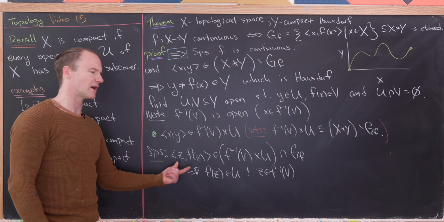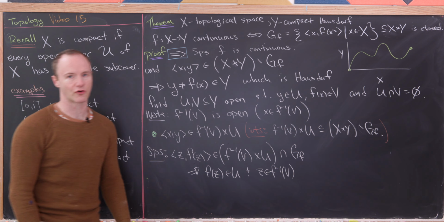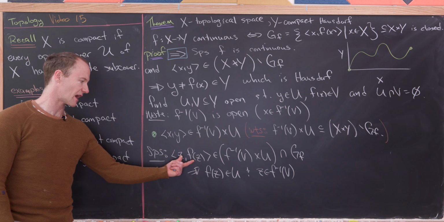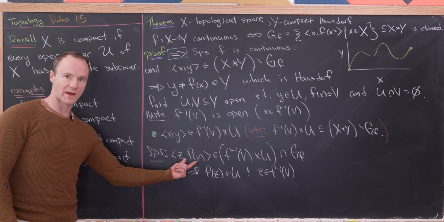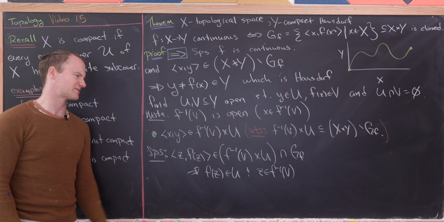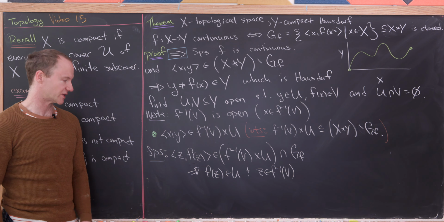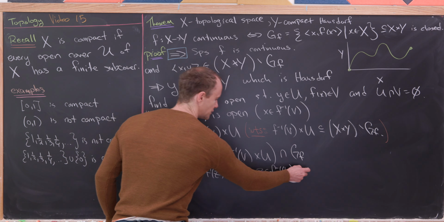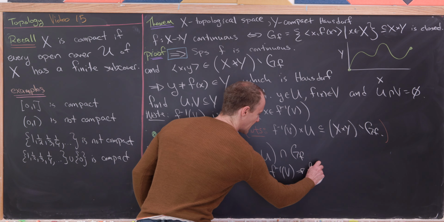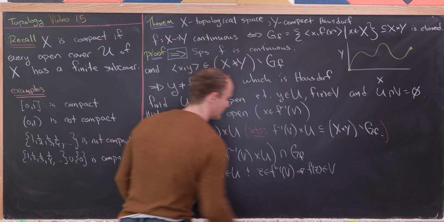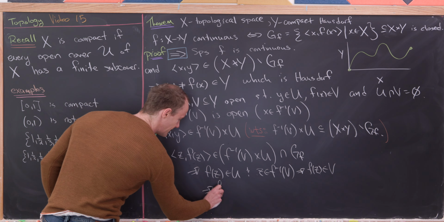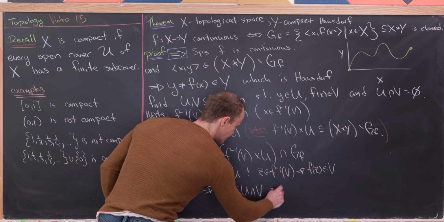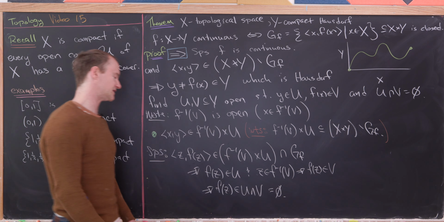Notice this ordered pair kind of by definition is inside of that graph. Over there, we didn't really need to write the intersection with the graph due to the format of our ordered pair, but we did just, I don't know, for some flourish. Okay, but now check it out. If we apply f to this thing right here, we have f of z is inside of V. But notice that f of z is inside of U intersect V, which we said was empty.